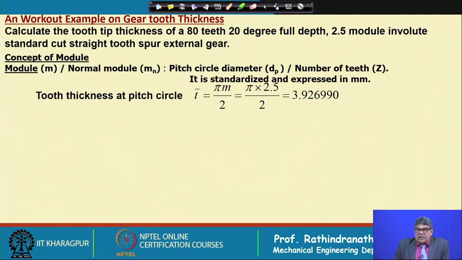Therefore, the tooth thickness can be written as pi m by 2, and in this case numerically we can calculate pi into 2.5, the module. So, it will become 3.926990. Now, in these calculations, if it is done by calculator, we should consider at least 5th decimal place to find out the tooth thickness or any other value. Reason is that usually the amount of corrections are not very high.